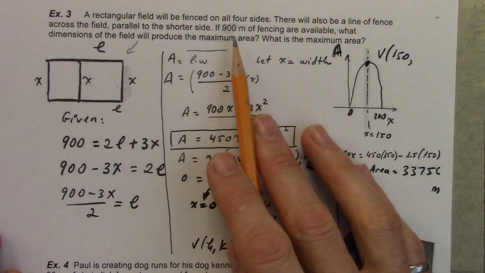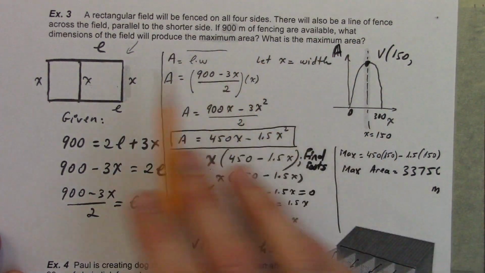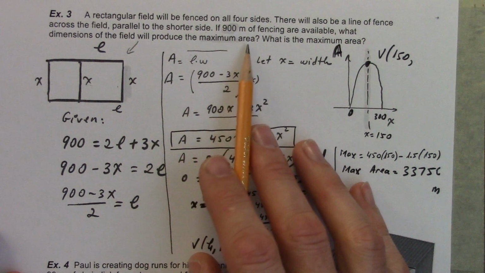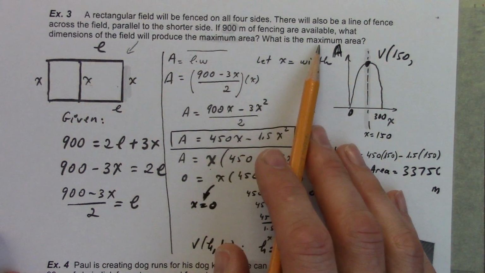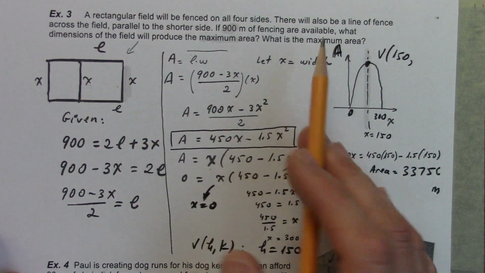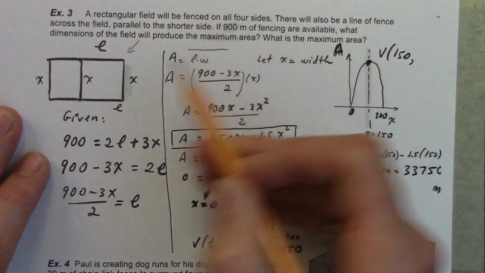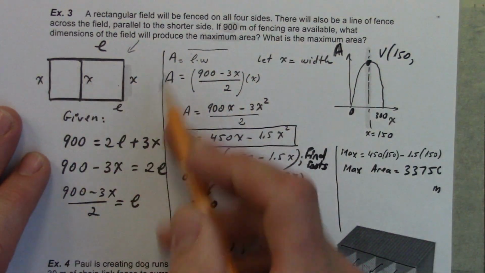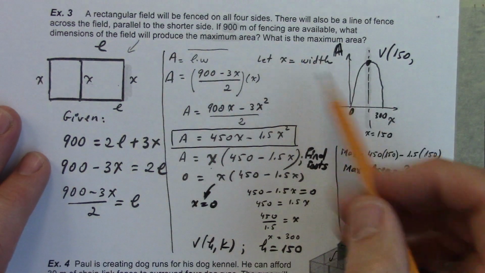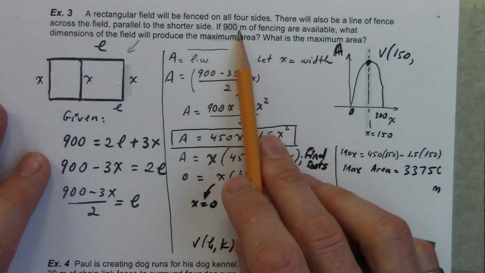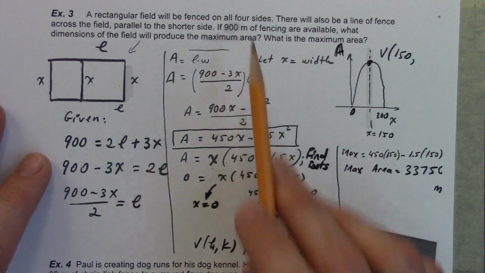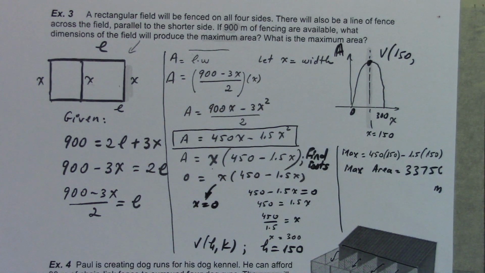So it says, if 900 meters of fencing are available, what dimensions of the field will produce the maximum area? And what is the maximum area? So what dimensions to get a maximum area using my length of 900 meters? All right, so the 900 meters is what?